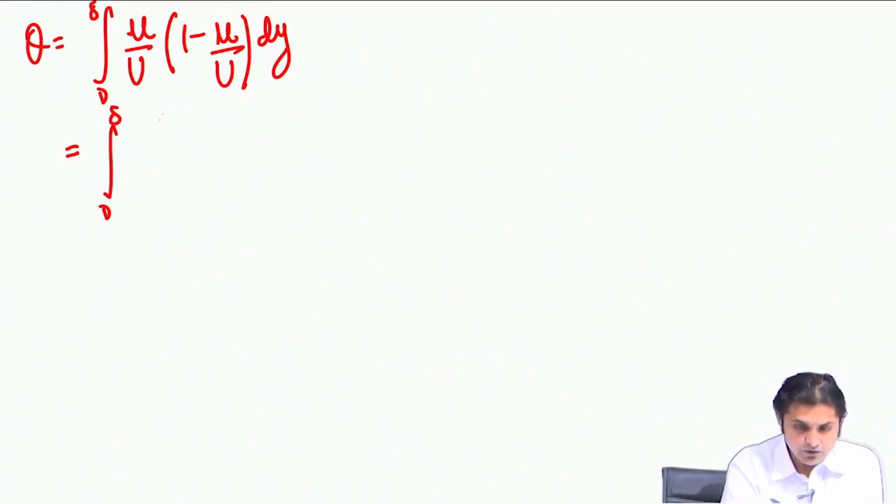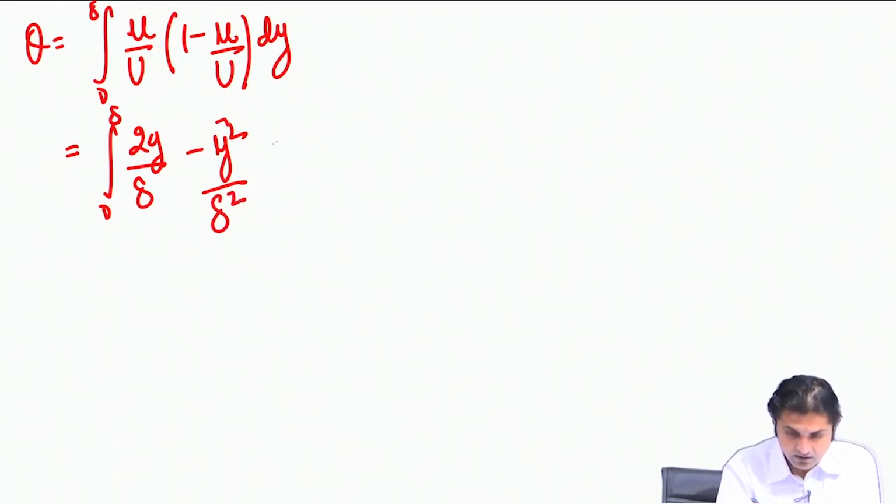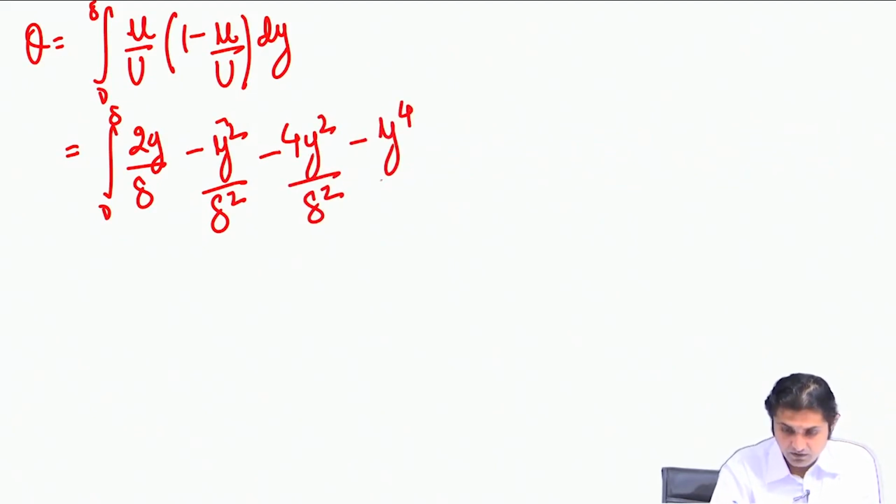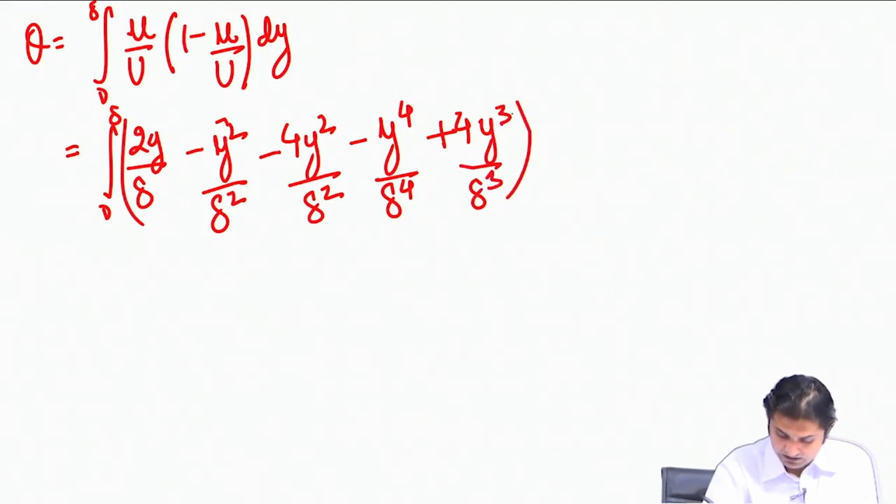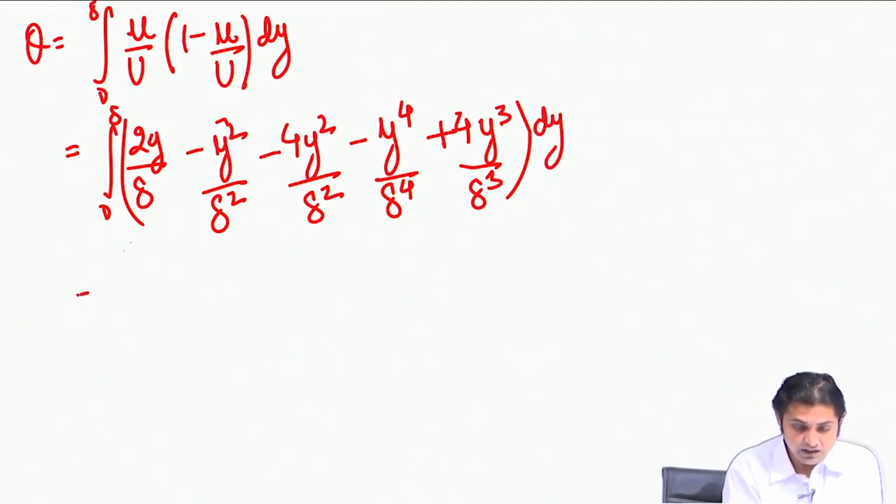So, it will be u by U minus u square by capital U square. So, it will become 2y by delta minus y square by delta square minus 4y square by delta square minus y to the power 4 divided by delta to the power 4 plus 4y cube by delta cube, the whole dy, right. And now we can integrate.